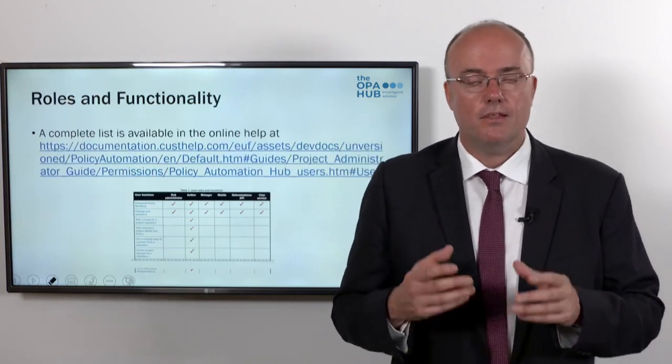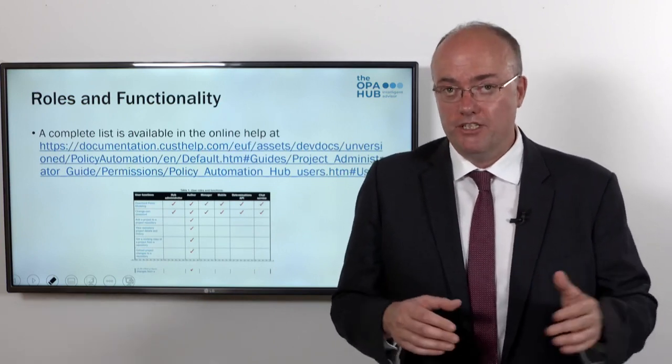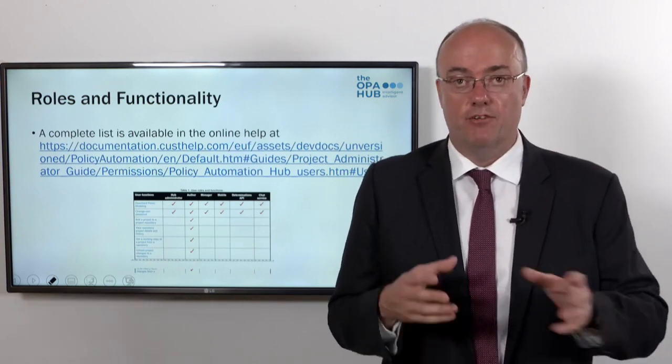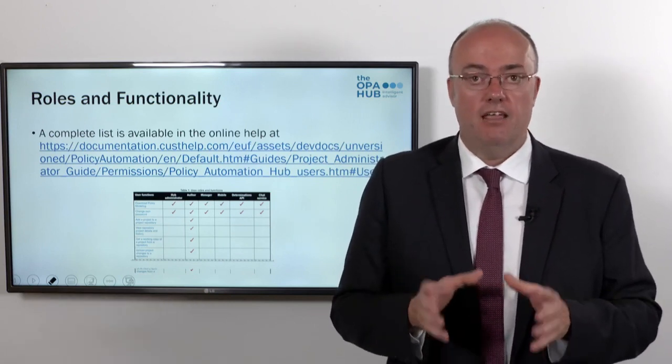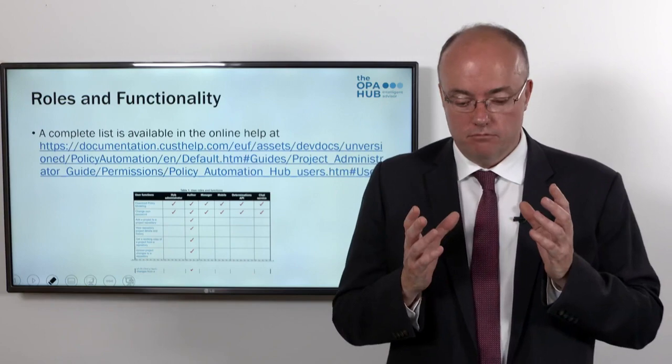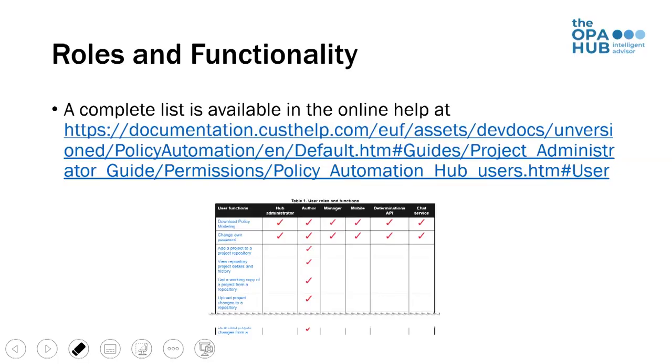As I said right at the beginning, and I think it's worthwhile mentioning it now because you're probably reaching the point where you're thinking any more detail and I'm going to cry, there is in the documentation a very long matrix, which I've just taken a tiny snippet of, that illustrates in great detail, and you can probably see right at the top here, you have the roles along the top, and you have the functions on the left-hand side.